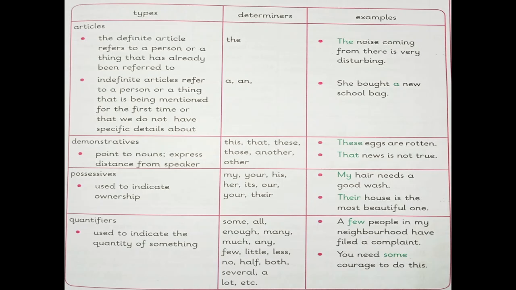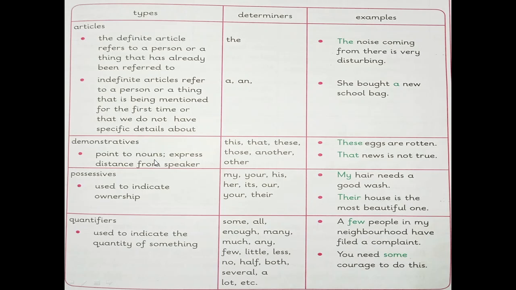How many pockets did it have, what material, anything of that kind, we do not know. So the specific details are not given over here. So a and an are the indefinite articles, and the indefinite article in the sentence given over here is a.